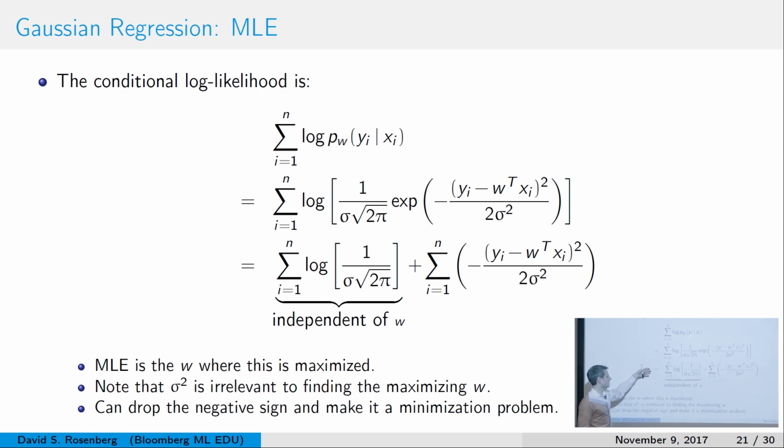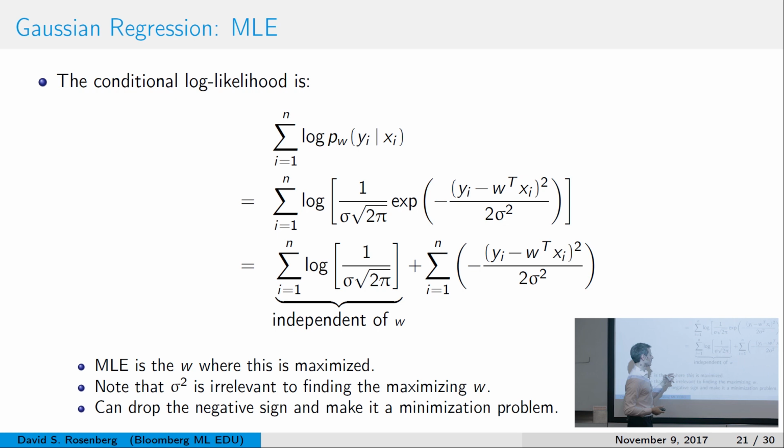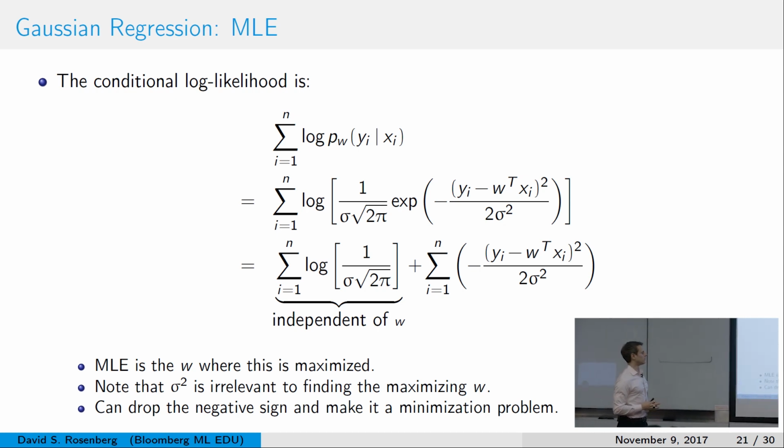So this is the log likelihood of some data for a particular W, where the mapping is: I get an x, I look at W transpose x, and that is directly the mean of the Gaussian distribution I'm predicting, because we don't need any additional mapping. W transpose x is already a real value, has the right thing. So let's just stare at this for a moment and think about what would happen when we maximize over W.